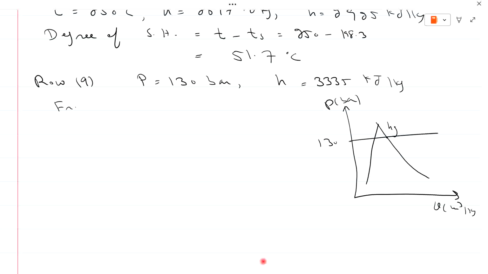From the saturated steam table at pressure equal to 130 bar, Hg is equal to 2662 kilojoule per kg.